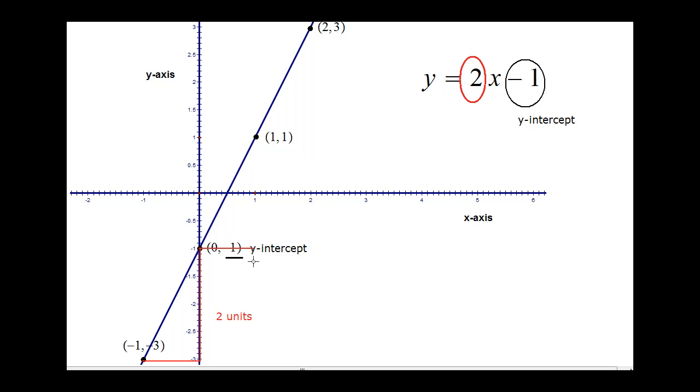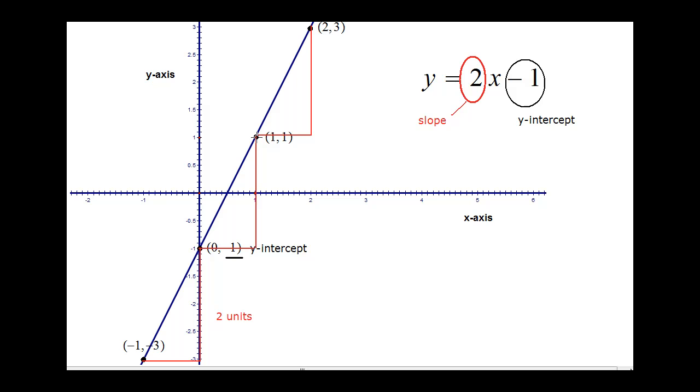See, I go 1 unit to this side, and then I have a rise of again 2 units, from here to here. Same thing over here. I go to this side by 1 unit and I have a rise of 2 units. So this part here gives us the slope of this line, that is rise over run.